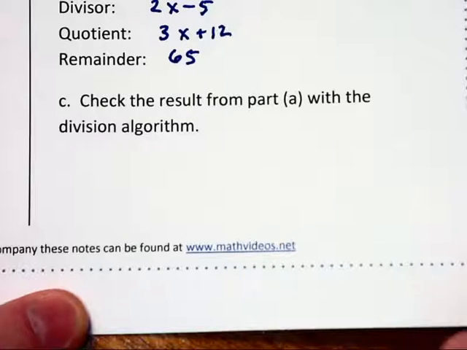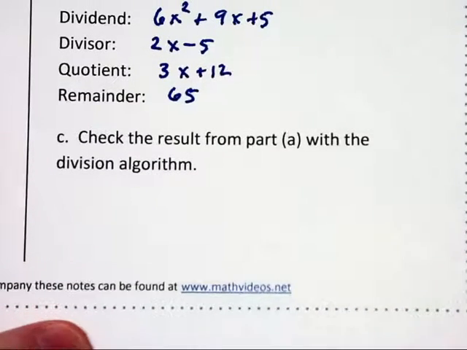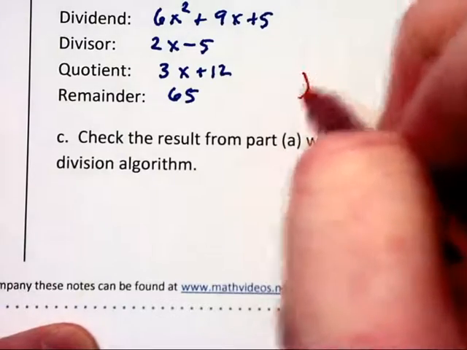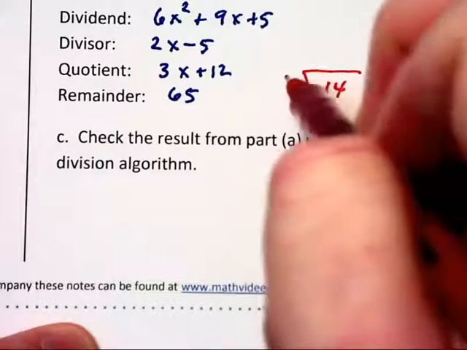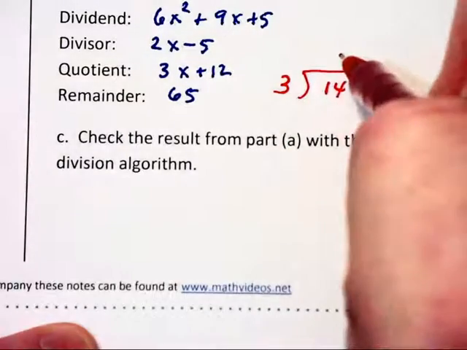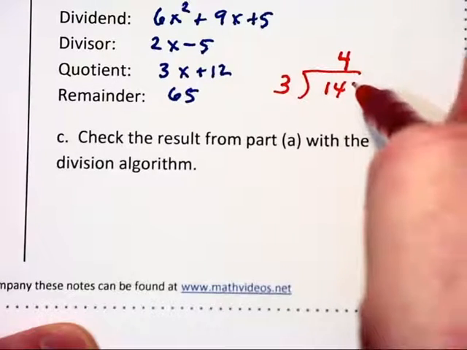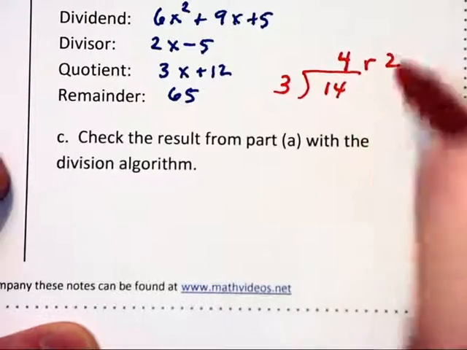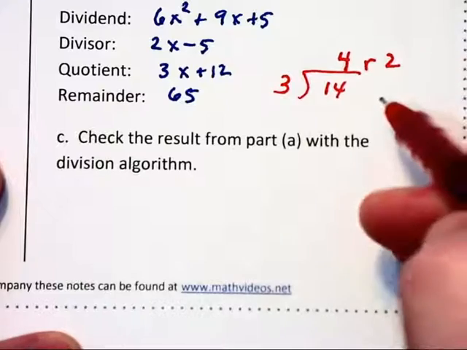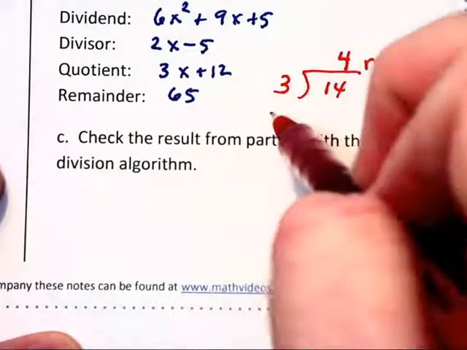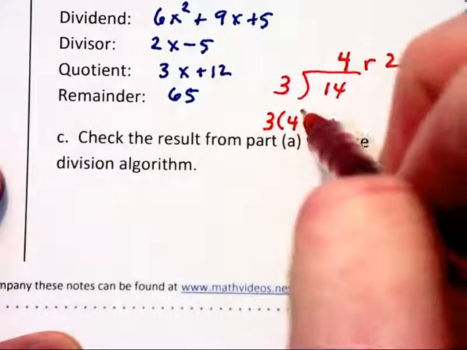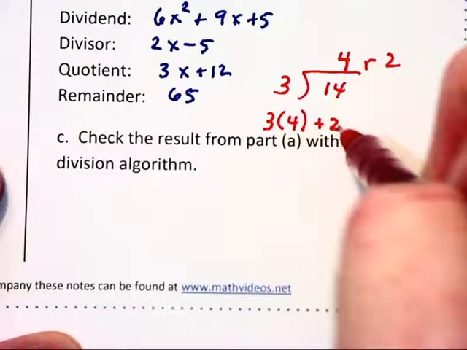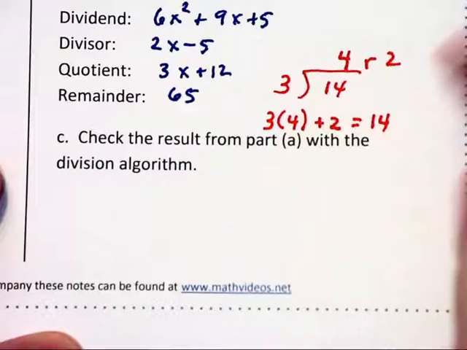Now let's go back and get an example to help you remember this. If you had 14 divided by 3, you know that the answer would be 4. It goes in 4 times with a remainder of 2. The opposite of division is multiplication, and you would check this by going 3 times 4 plus the remainder of 2 equals the 14.